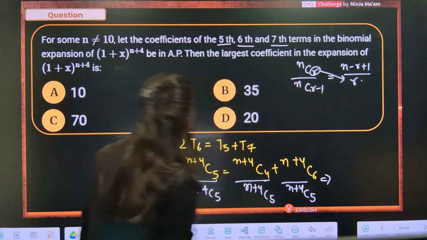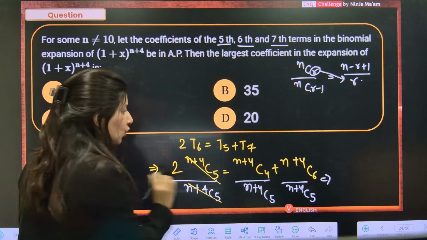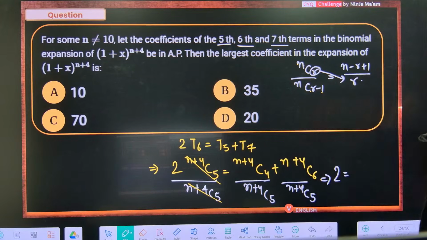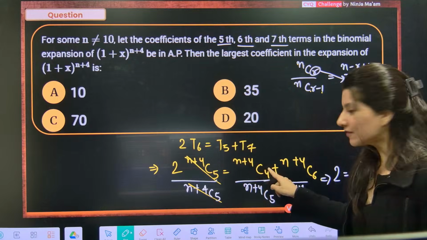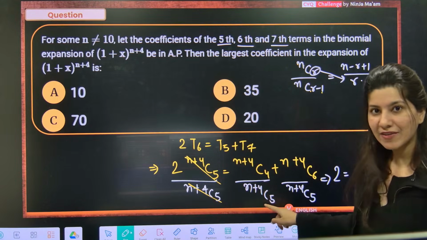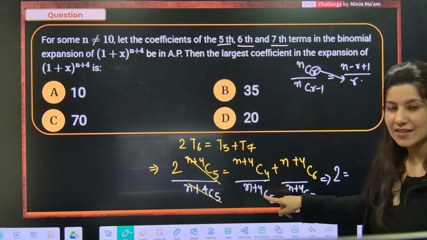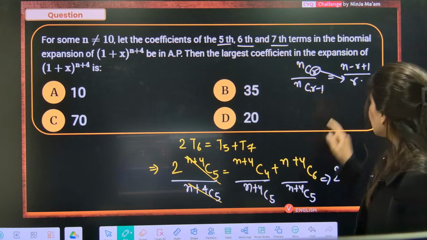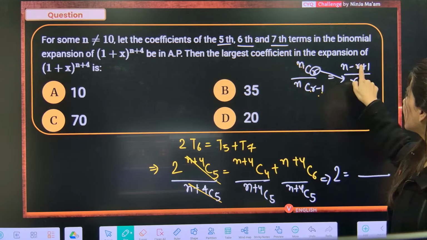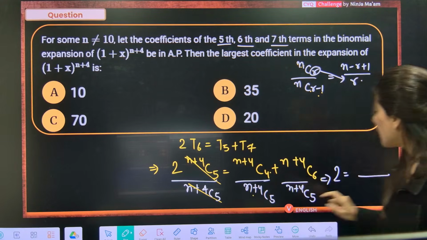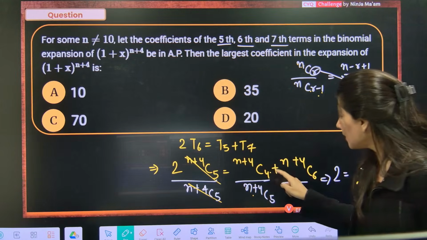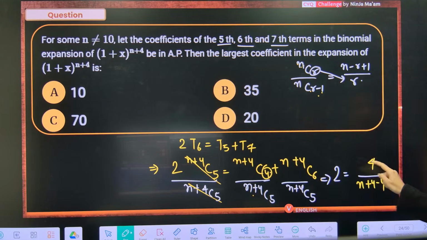Alright, so this is gone. 2 is equal to, now see, this is n plus 4 C4 and n plus 4 C5, basically the reciprocal of this. So I am going to write the reciprocal over here. So this is going to be n plus 4 minus 4, and this 4 will sit over here.